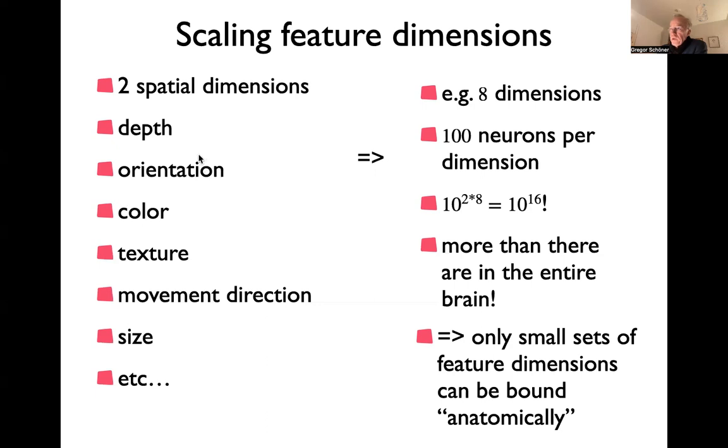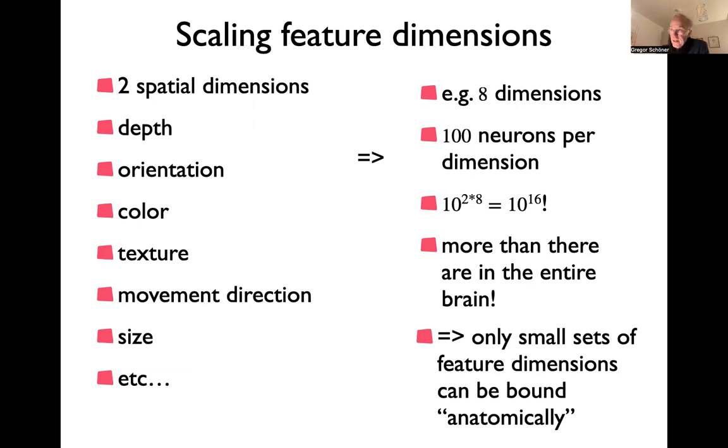To give a concrete example, if you had two spatial dimensions and these feature values that I arbitrarily picked here, like depth and orientation and color and texture, which would be maybe spatial frequency, maybe movement direction and size, so 8 dimensions to represent, and you need 200 neurons per dimension, just a number. It's not very large, right? Then you would have 10 to the power of 16 neurons to represent all the combinations of all these different values. That is more than there are neurons in the brain. So there's a problem with scaling.